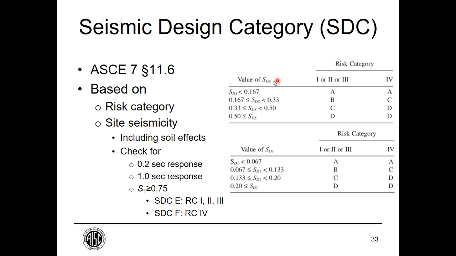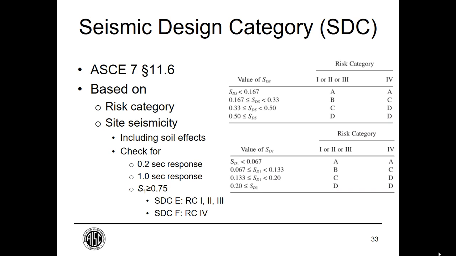There's a table that will give you seismic design category based on SDS, another table based on SD1. We have to check both of them. And then to check for seismic design category E and F, we look at the S1 acceleration. So really 3 different checks that we're doing.